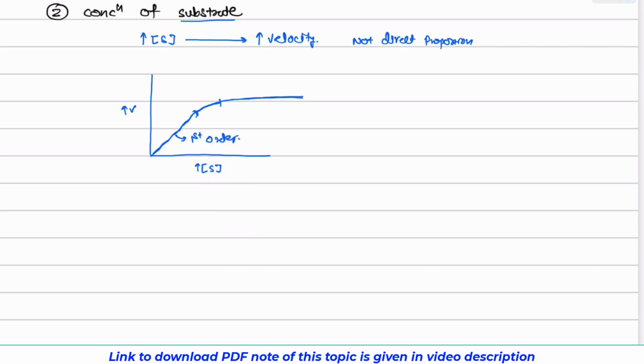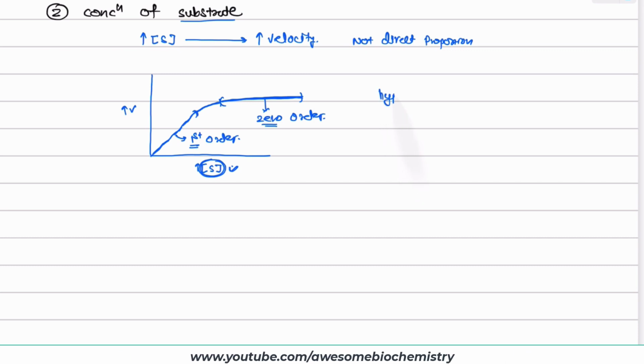Why? Because here the speed of reaction is dependent on this one factor. That's why we call it a first order. Whereas this part of the graph, we can call a zero order kinetics. Why? Because here the enzyme velocity is not affected by even this one factor. So here it is zero order kinetics, and because of this reason the shape of this graph is hyperbolic.